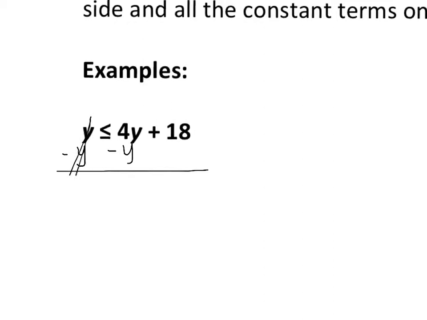What am I left with on the left side? 0. And on the right, 4y minus y. So 0 is less than or equal to 3y plus 18. Now that I have all the y's on one side, I can move the 18 by doing what?